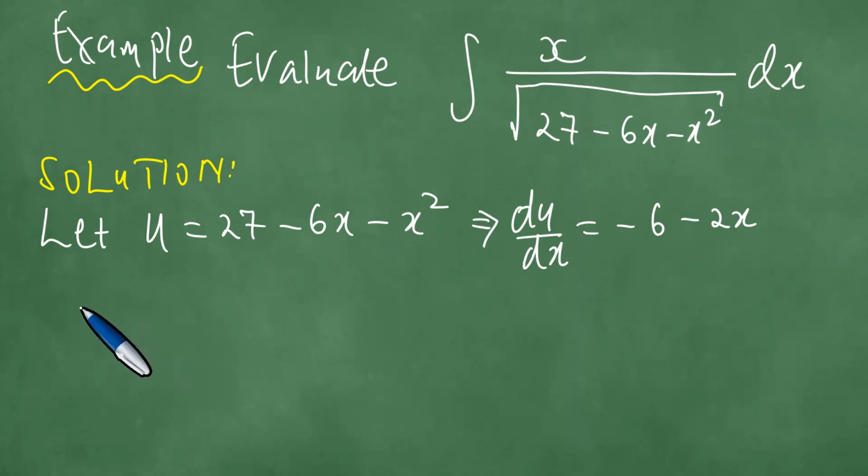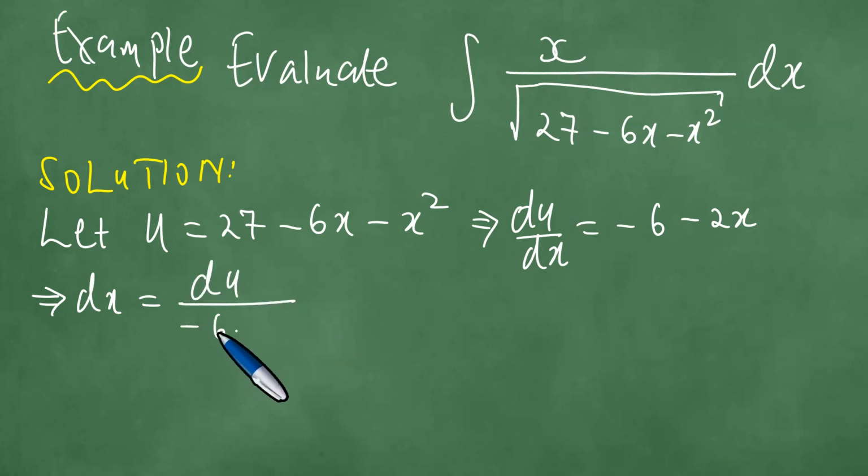And which means we can find dx, which is exactly du divided by minus 6 minus twice x, like so.